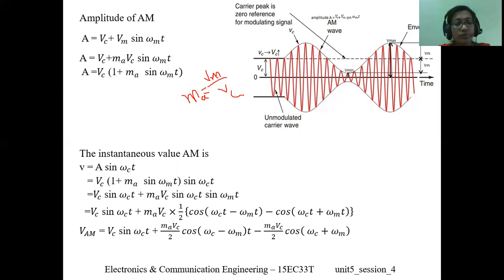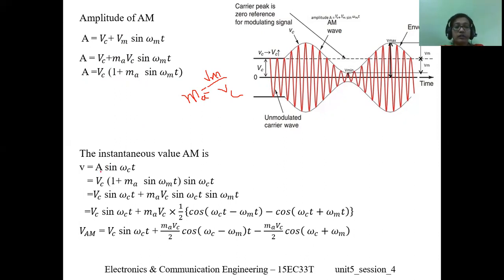So we can represent VM in terms of MA into VC. Here we are replacing this term with MA into VC. Taking VC common, it becomes VC into 1 plus MA sin omega m t. So this will be the amplitude of my AM signal.